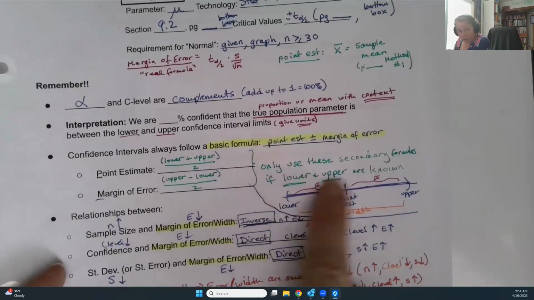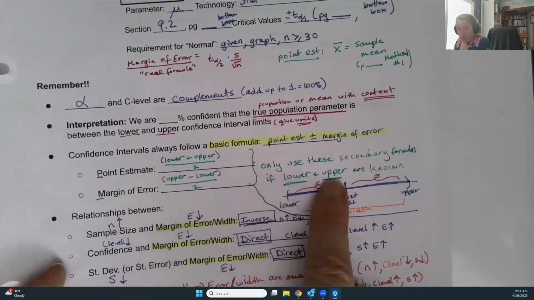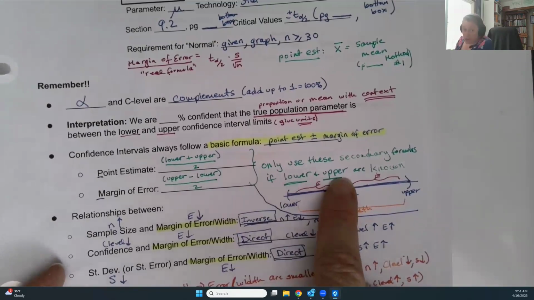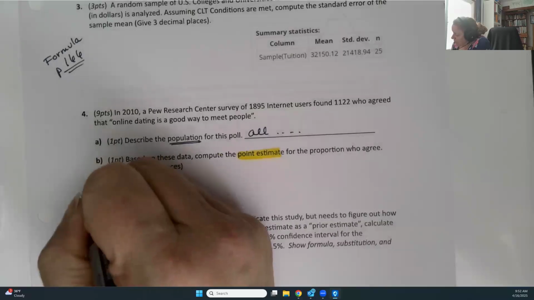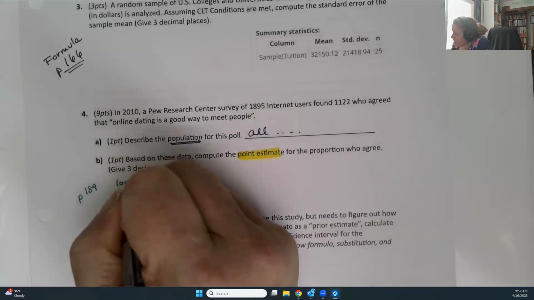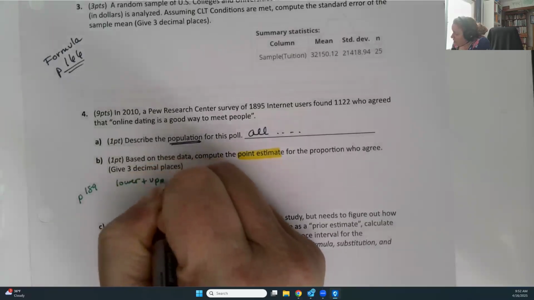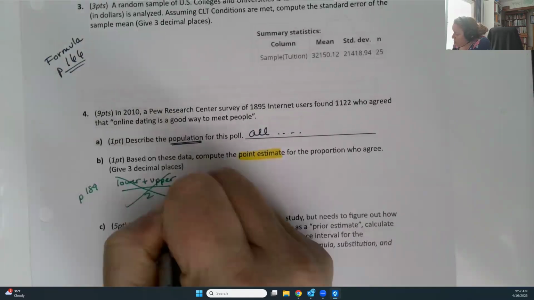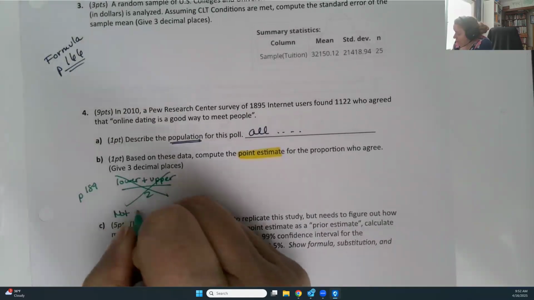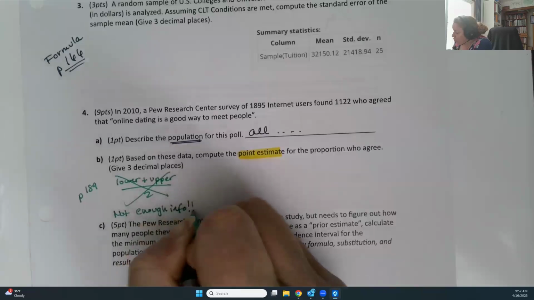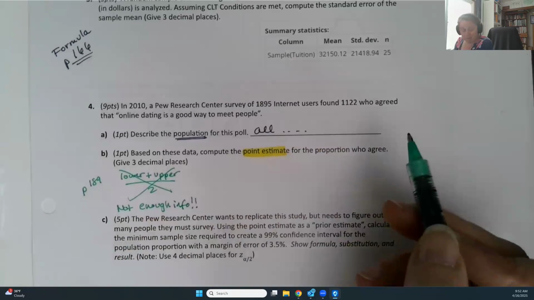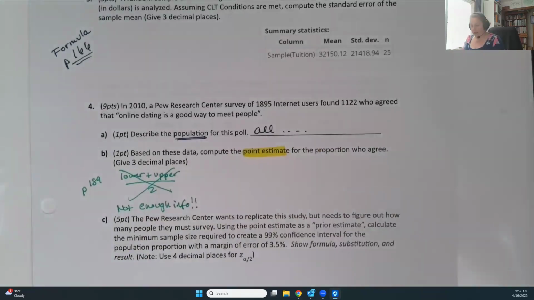You can only use those formulas if you know the lower and the upper, which you don't. So page 189, you went lower plus upper divided by 2. No, not enough info. You can't do that. You don't have the lower and the upper up here. But what you do have, and I don't think I put it on the, nope, I did.